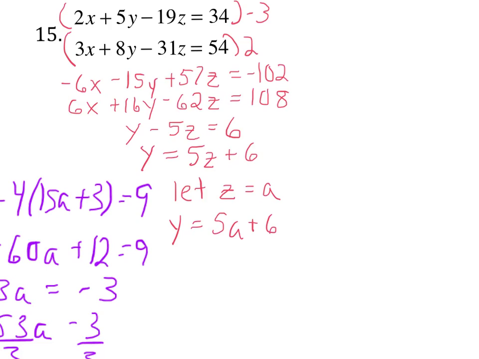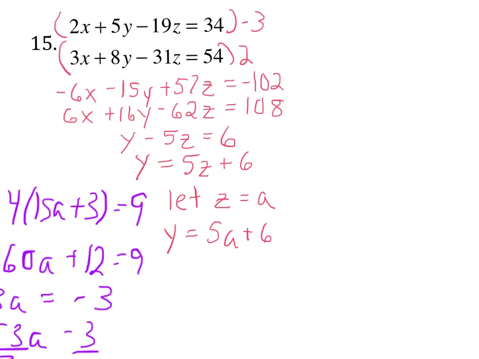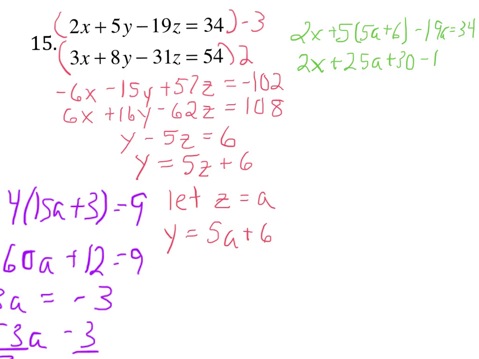And now we just need to take both of these and plug them in. So we have 2x plus 5 times 5a plus 6 minus 19a equals 34. So 2x plus 25a plus 30 minus 19a equals 34.